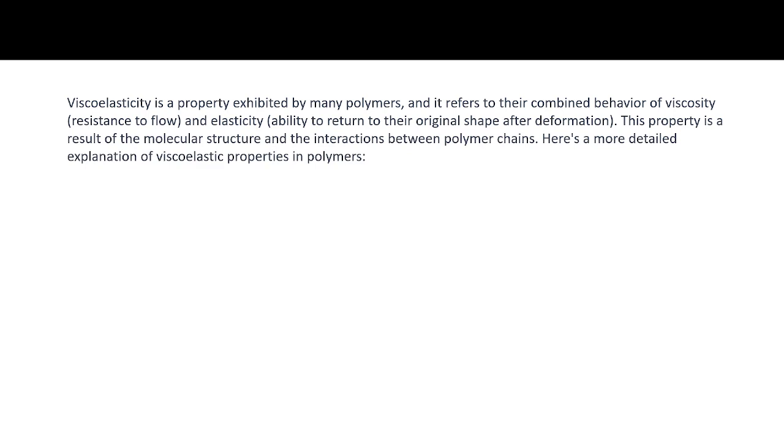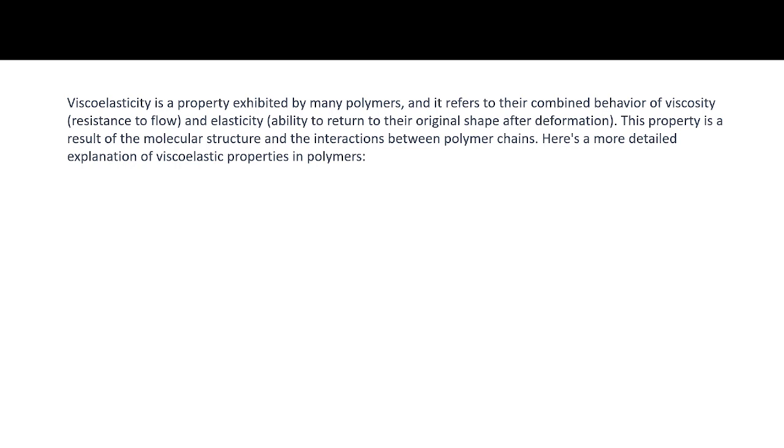So if you repeat once again, you know about the viscoelastic property. Due to the higher molecular weight of polymers, polymers have chain entanglement, and due to this chain entanglement, polymers show both viscous and elastic behavior.